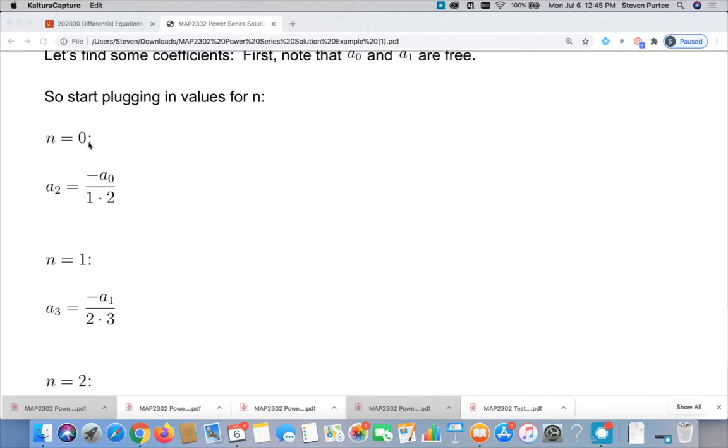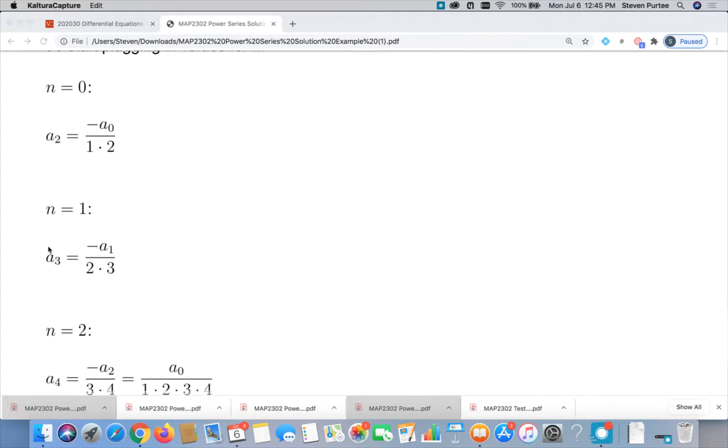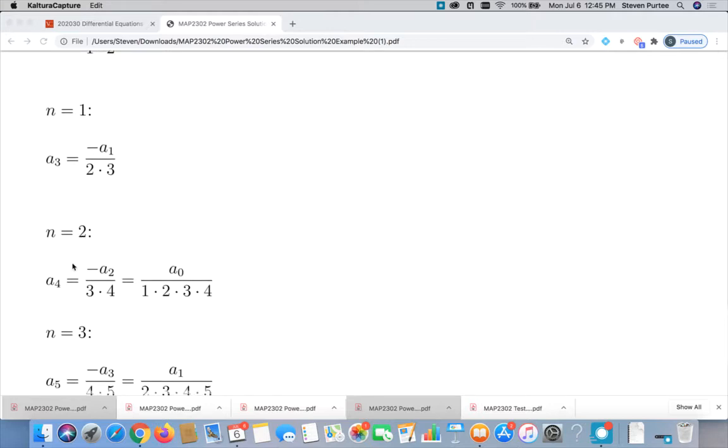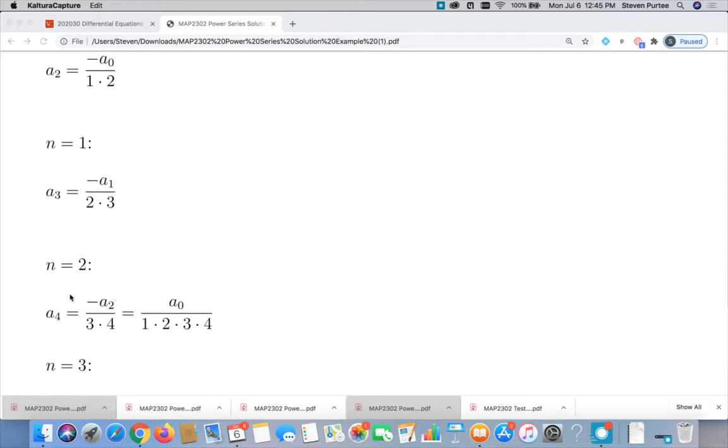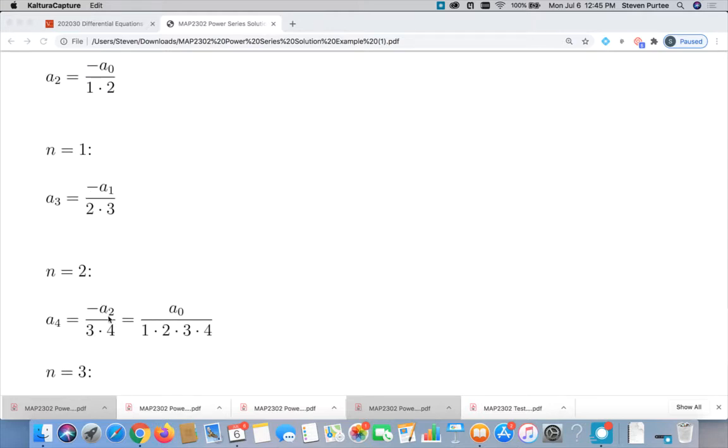Plug in n equals 1 on both sides, I get this. Plug in n equals 2, and I get this. But I already know a2, it was right here. Everything is going to depend on a0 and a1. So we're always going to keep going backwards until we find it in terms of a0 or a1.